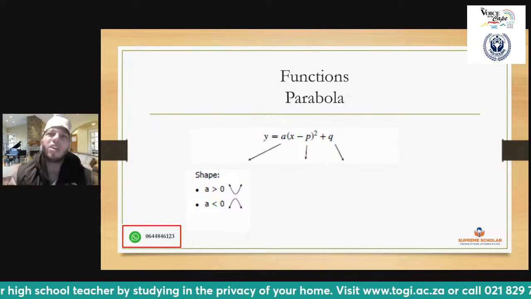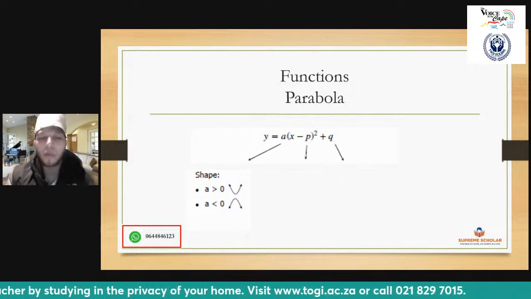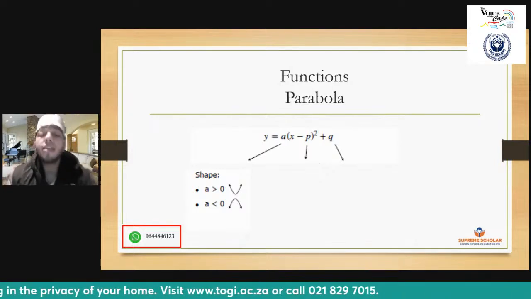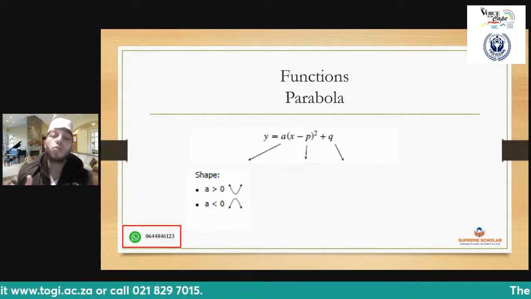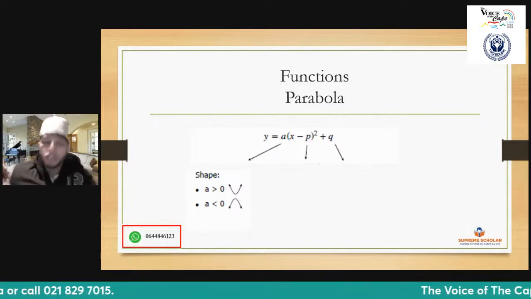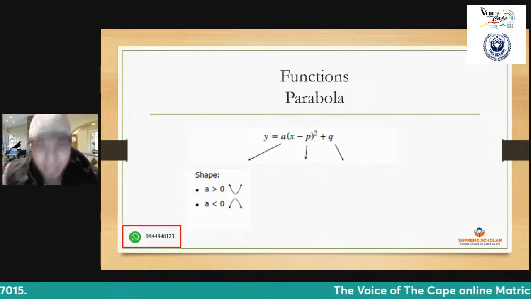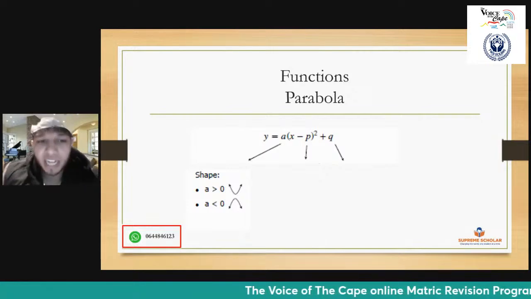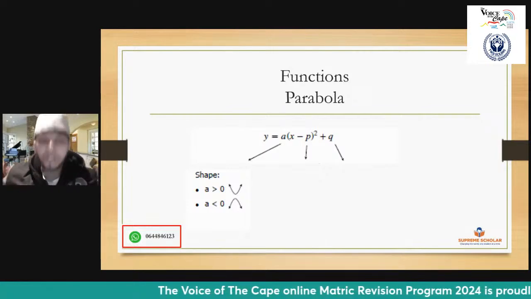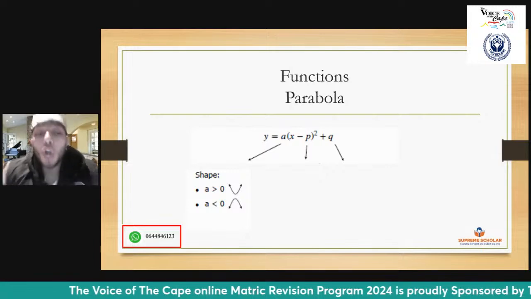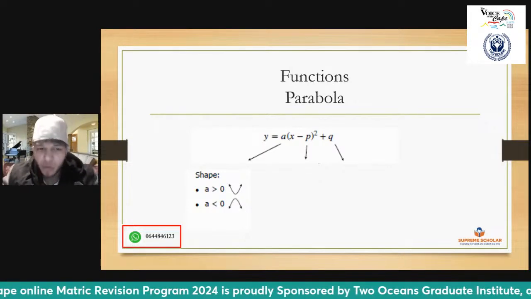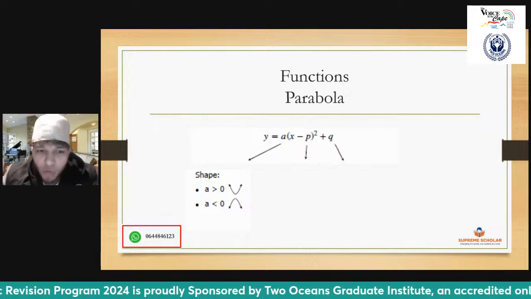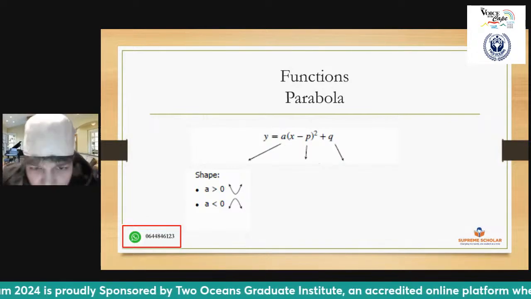But look at the turning point. The turning point will have a low value compared to the last value. The last value is going to infinity, continuing and continuing. So that is why we say the graph experiences a minimum, because it has a very small value in comparison to positive infinity.